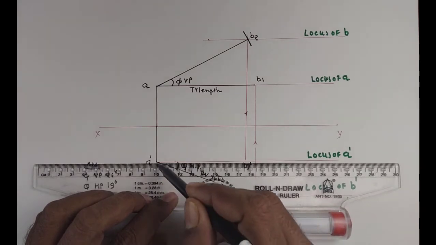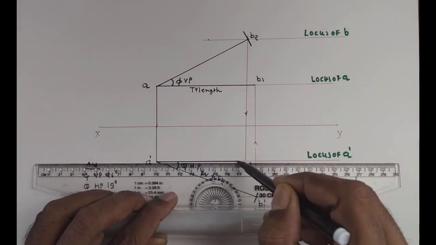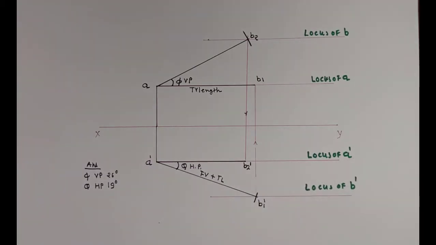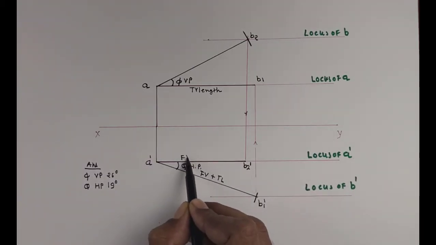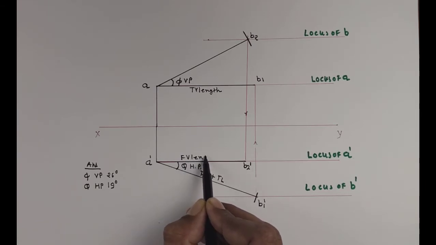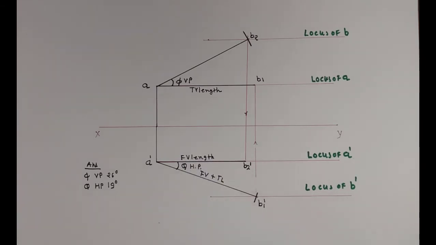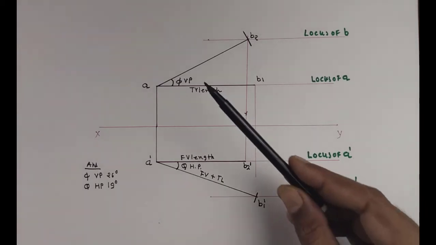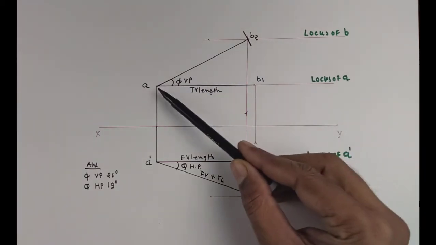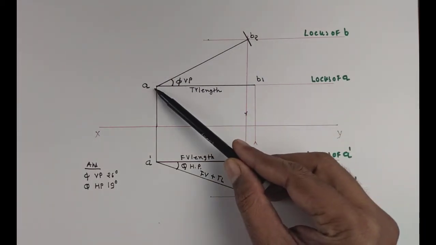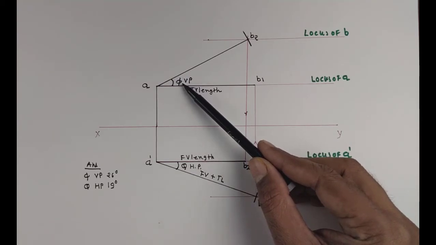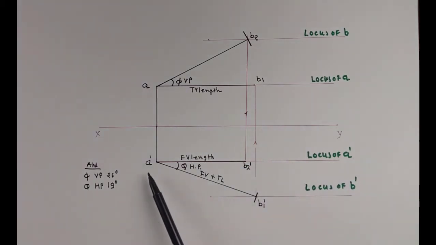It is called the front view length. So now understand here, my line AB inclined to VP with angle phi, its elevation is always parallel to XY line.